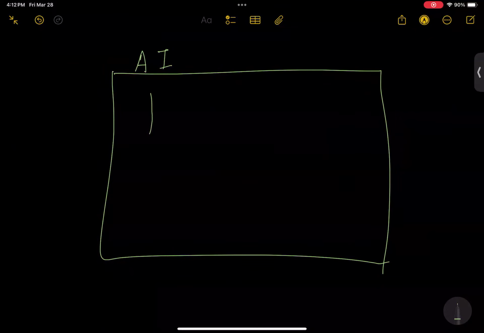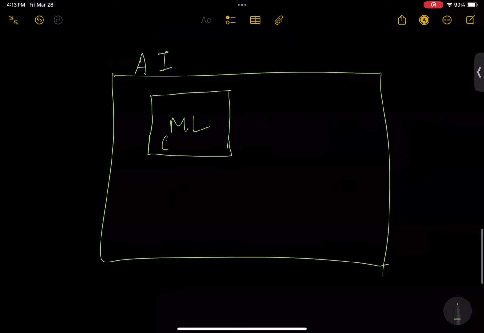This is AI. In this, there is a subset of approaches which is called machine learning. So what is machine learning versus AI? ML is nothing but a subset of artificial intelligence.